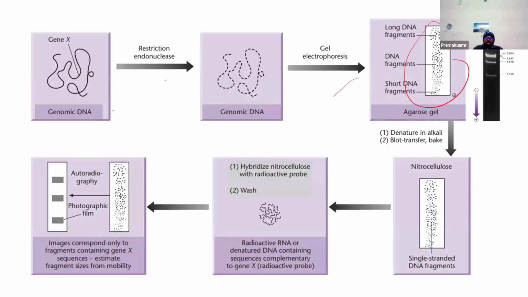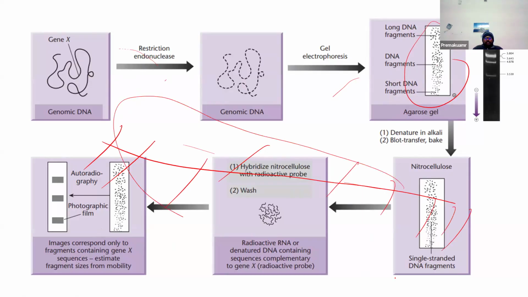For example, this is a large genome. Here a restriction site, here a restriction site, here a restriction site, here a restriction site. That means you're getting a large number of fragments.